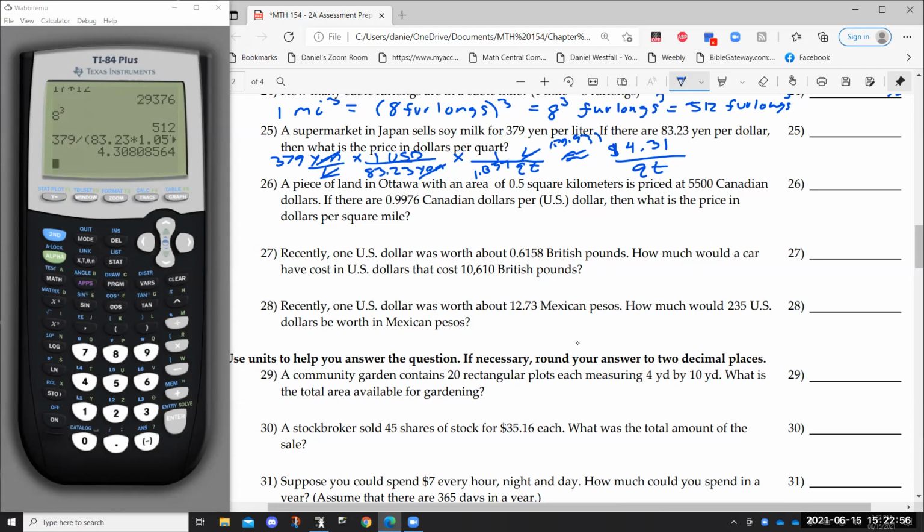So we've got 0.5 square kilometers, sorry, that's in the denominator because it wants the area in the denominator.